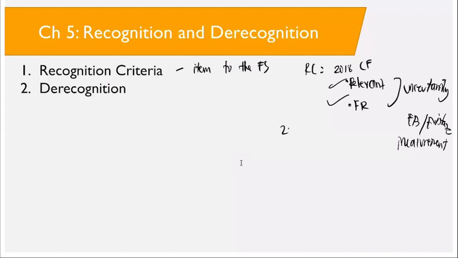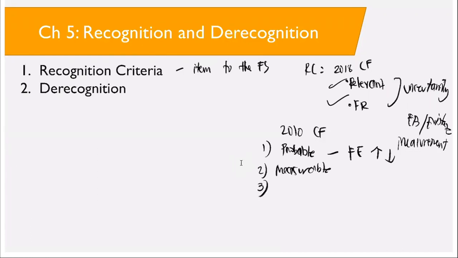Also, under your 2010 conceptual framework, we said last meeting, what is our recognition criteria? It is probable. What do we talk about in your probable? Future economic benefits, either inflow or outflow. Next, it is measurable. And lastly, it meets the definition.